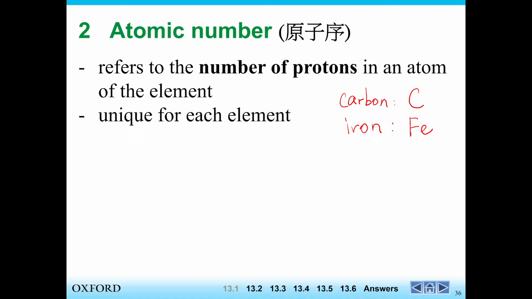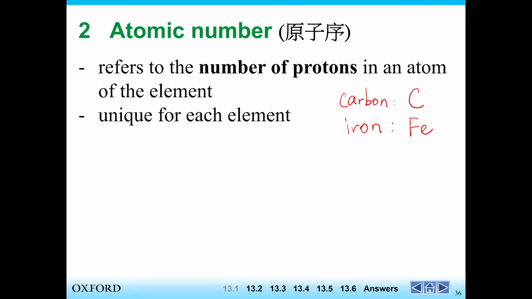Now, atomic symbols are assigned an atomic number. So each element is assigned an atomic number. It's also easier for us to say, for example, can you go and get me atomic number 6? You would know it refers to a particular element. And atomic number 6, that is carbon actually.